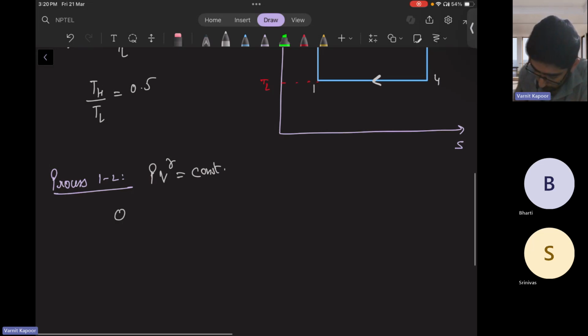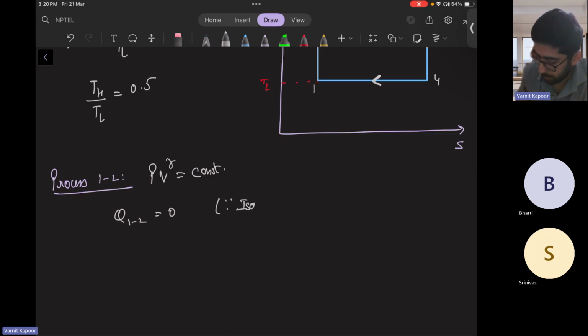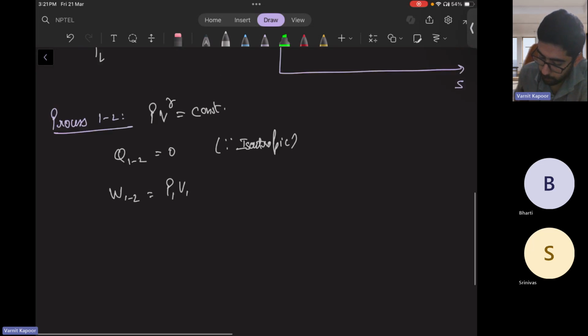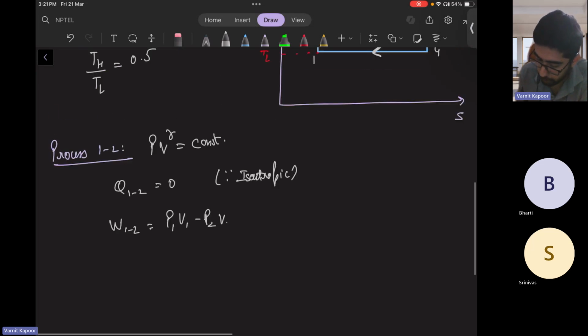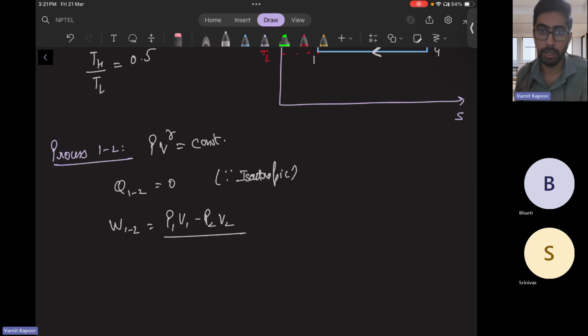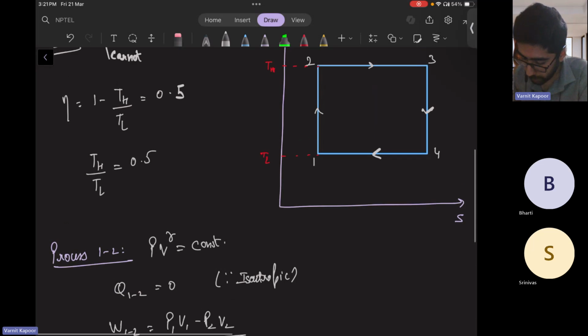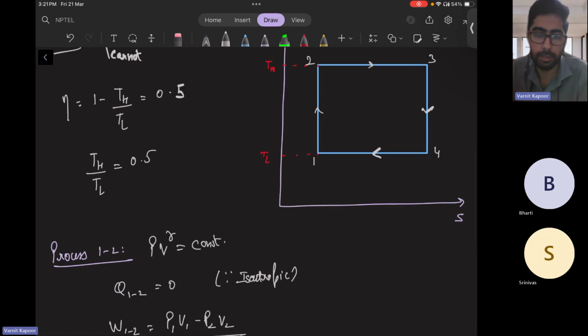So Q1 to 2 is 0, since it is isentropic. Then for the work in an isentropic process: from 1 to 2 we are going through isentropic compression.